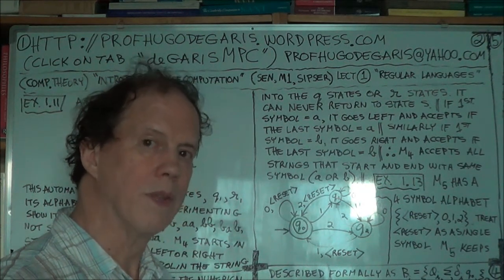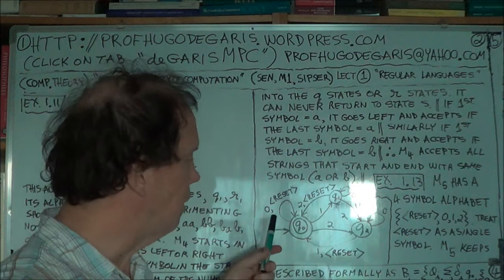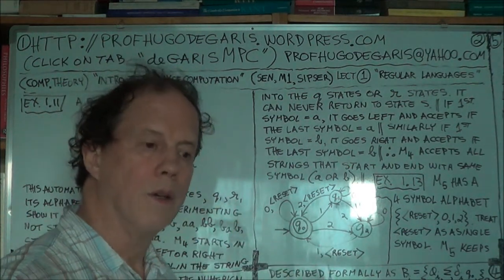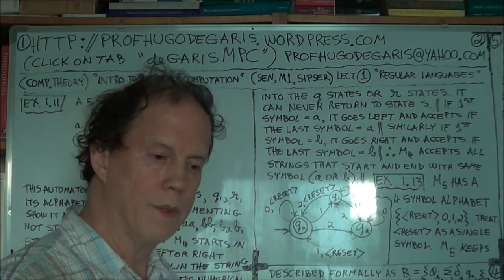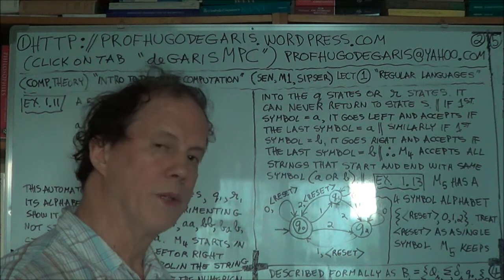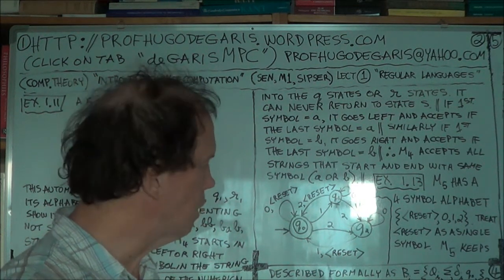So that's the language. The strings in the language for this automaton are all those strings whose sum of the integers in the string is a multiple of 3. So it's a kind of calculator.